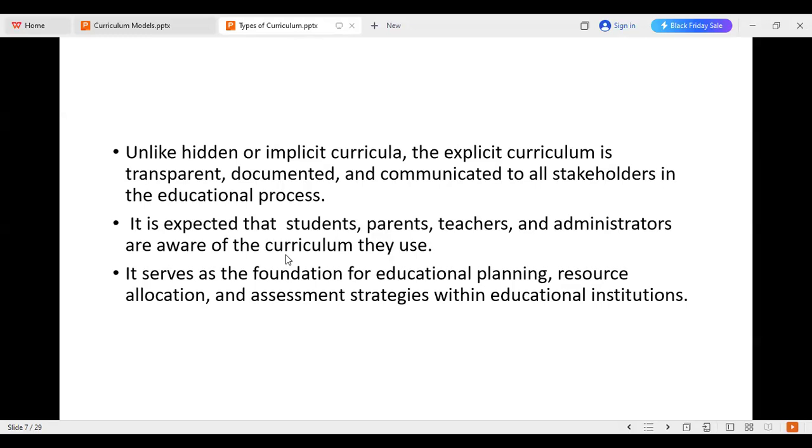We need resources to teach science. We need a science laboratory, chemicals, etc. for the experiments.